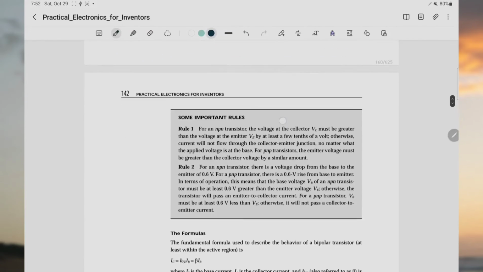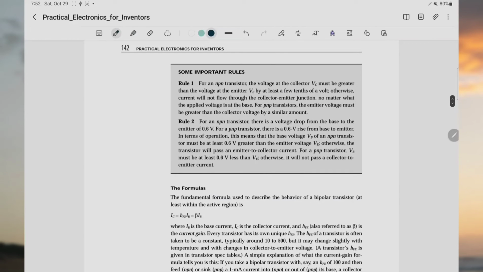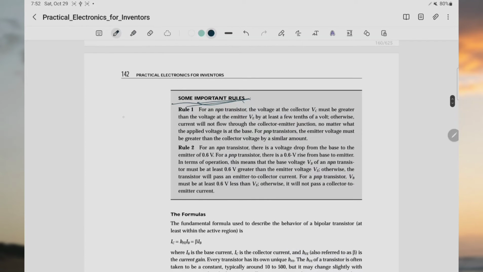What else do I need to explain to you guys? So now there are some very important rules when it comes to the working of a bipolar junction transistor. Let's consider this symbol of our bipolar junction transistor. You have the base here, you have the collector, and you have the emitter.